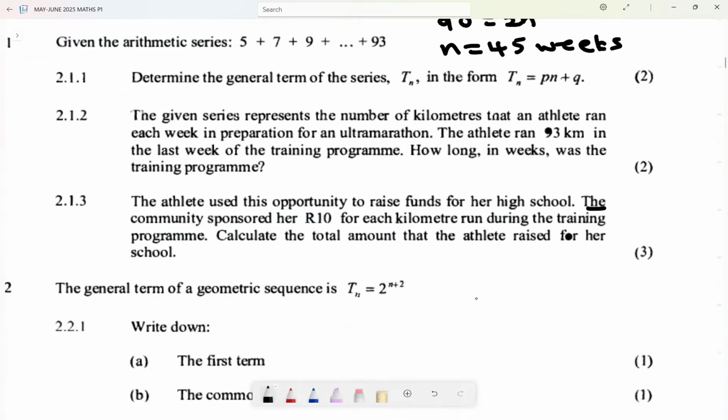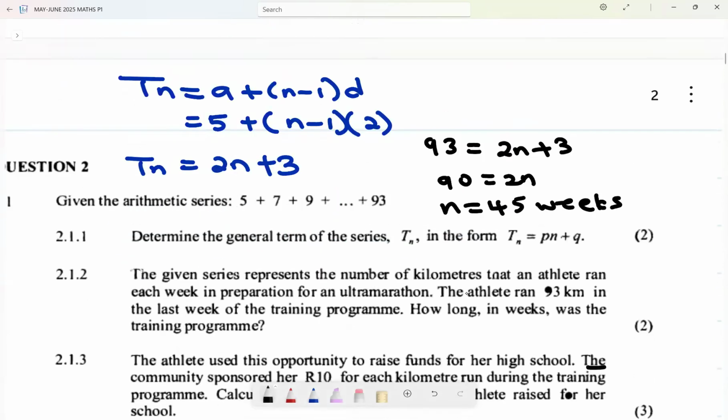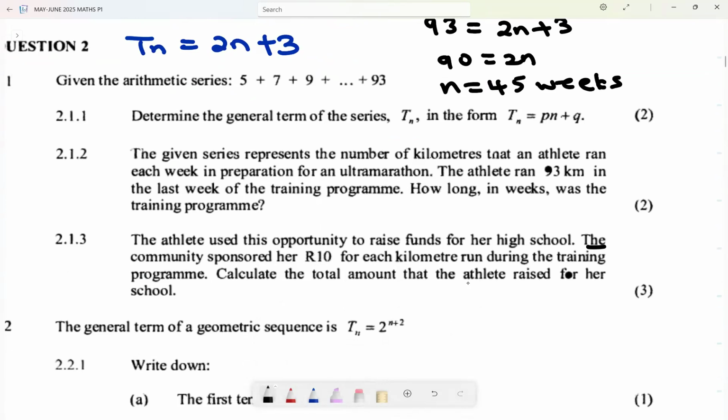So we are told that for each kilometer she runs, they're going to grant her 10 rand.